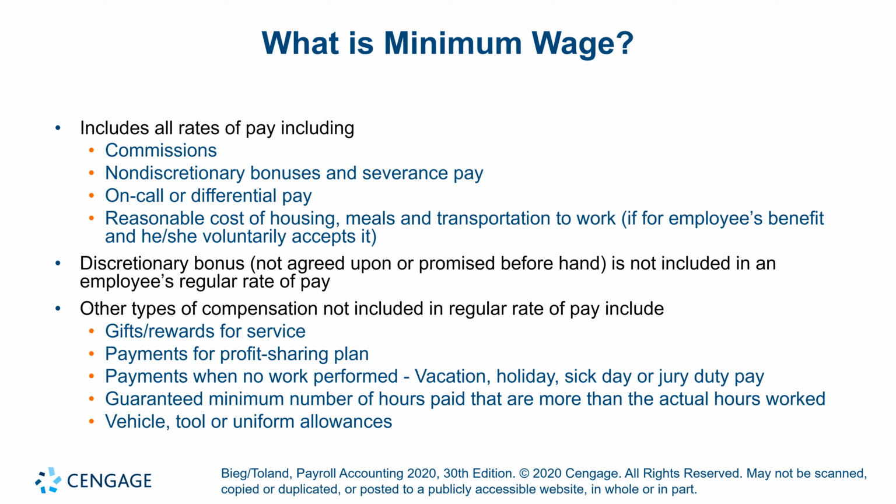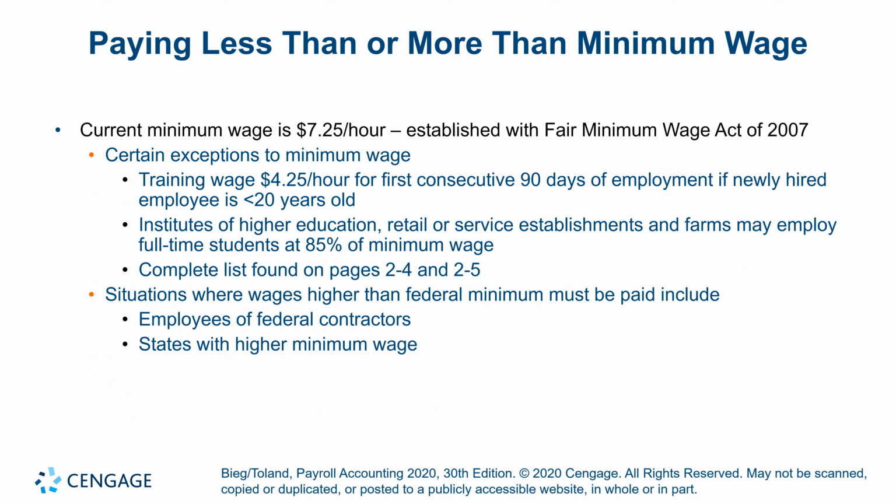And then some of these other types of compensation not included in the regular rate of pay include gifts or rewards for service, payments for profit sharing plans, payments when no work is performed, like vacation, holiday, sick day, jury duty pay, things like that. Guaranteed minimum number of hours paid that are more than the actual hours worked, or vehicle, tool, or uniform allowances. So those are not included in the regular rate of pay.